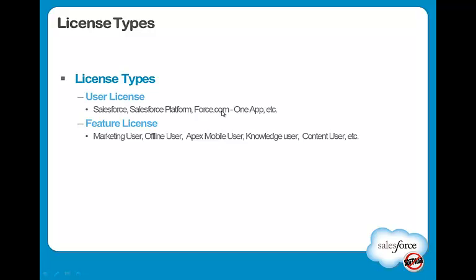Then if you're talking about feature licenses, feature licenses are the additional licenses which sit on top of a user license. So you need to have a user license, and then you can top it up with the additional feature licenses.